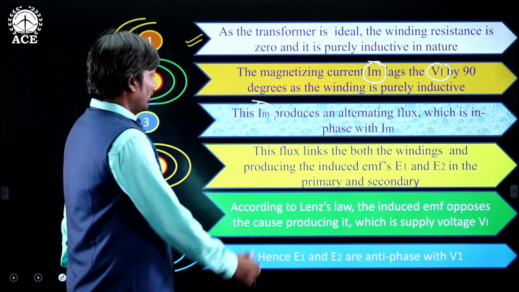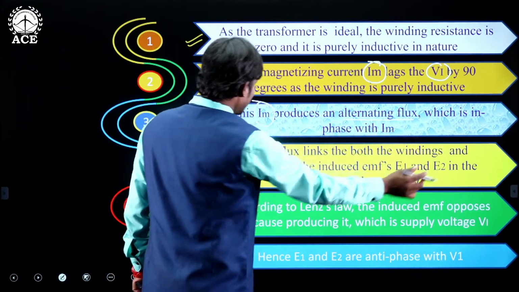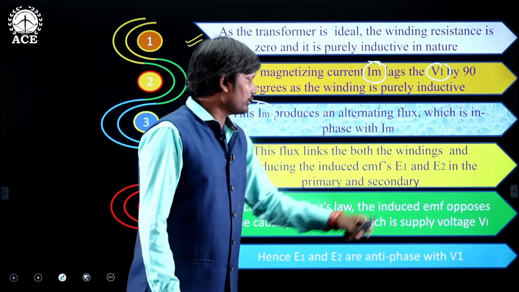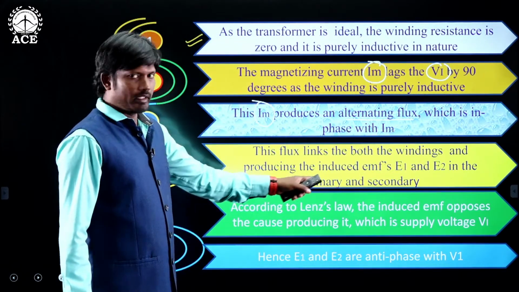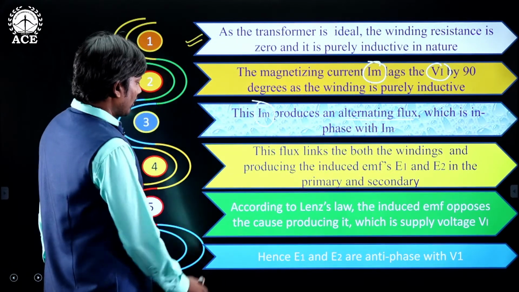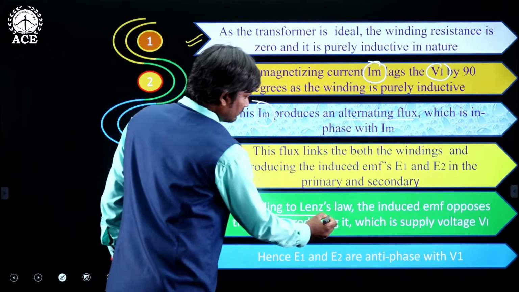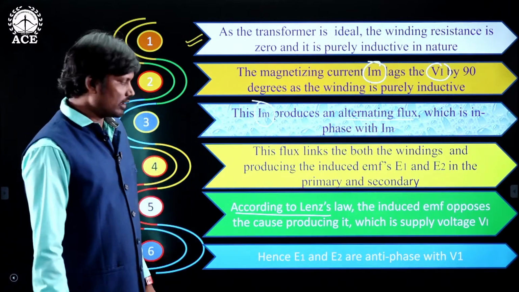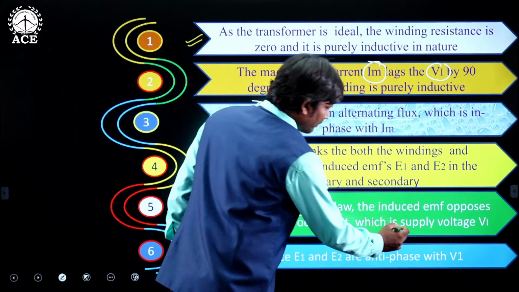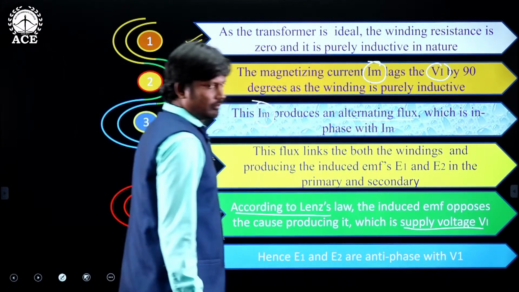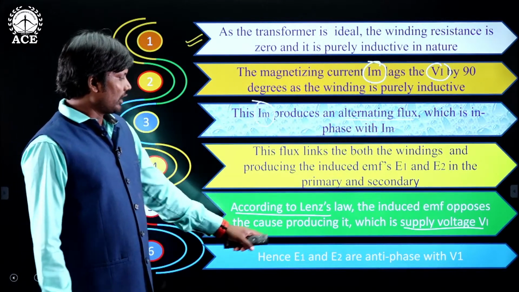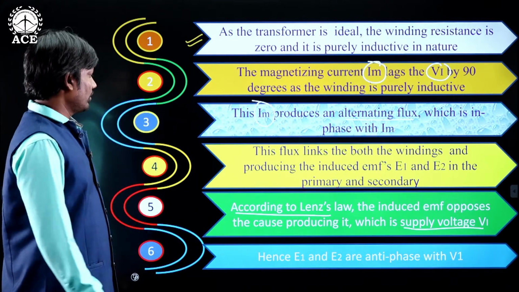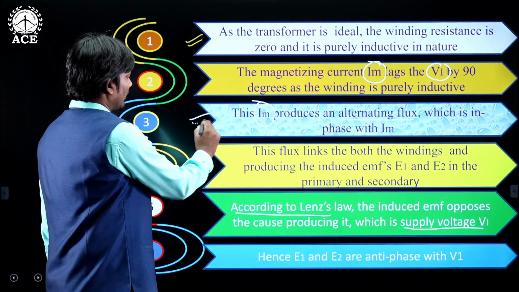Now this flux links with both the windings and produces the induced EMFs E1 and E2 in the primary and secondary. According to Lenz's law, the induced EMF always opposes the cause of producing it, in this case the supply voltage V1, and therefore E1 and E2 are antiphase with V1. Note down these points.